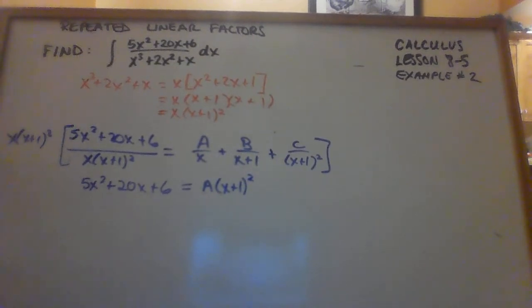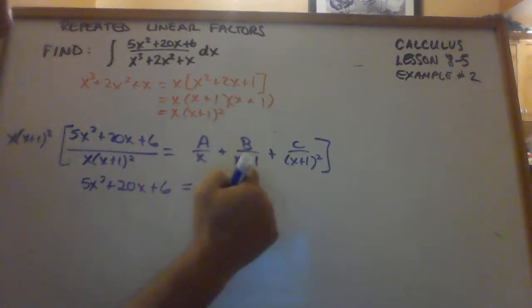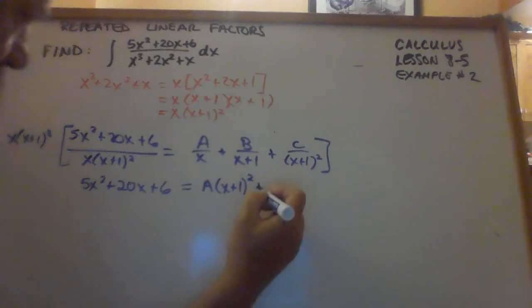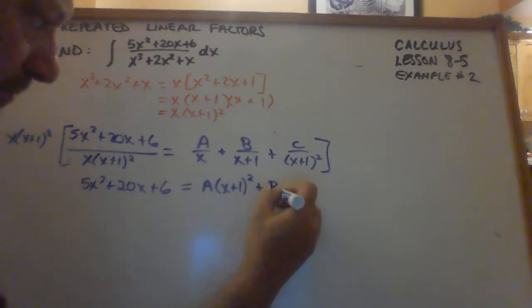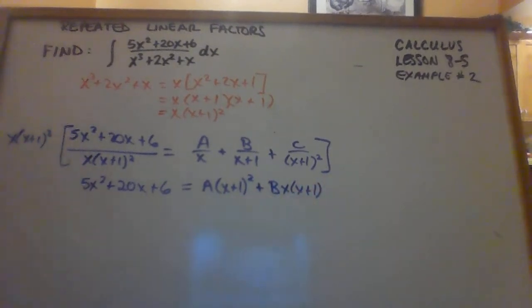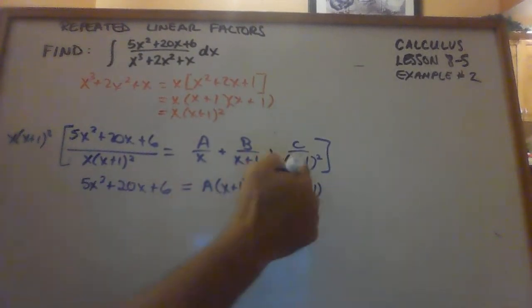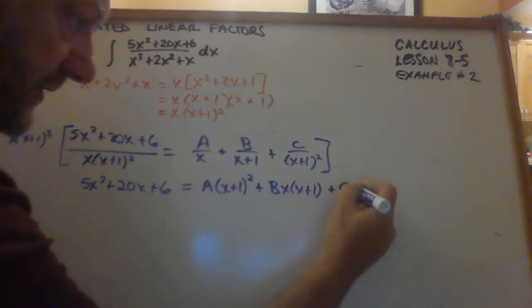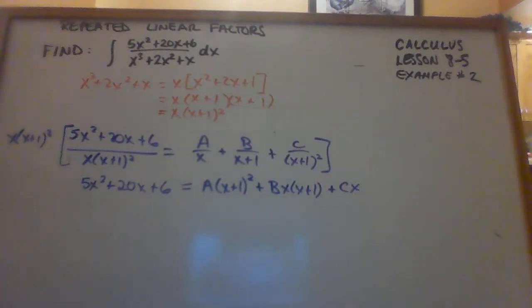And then the x plus 1 will cancel one of those x plus 1s and leave me with b times x plus 1. And then the x plus 1 squared will cancel that and leave me with c times x over here.